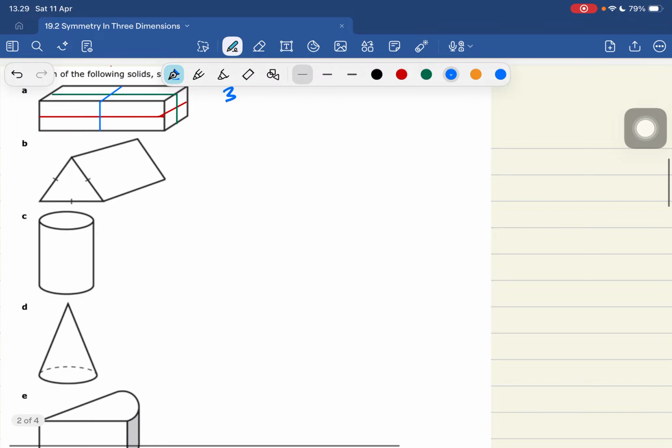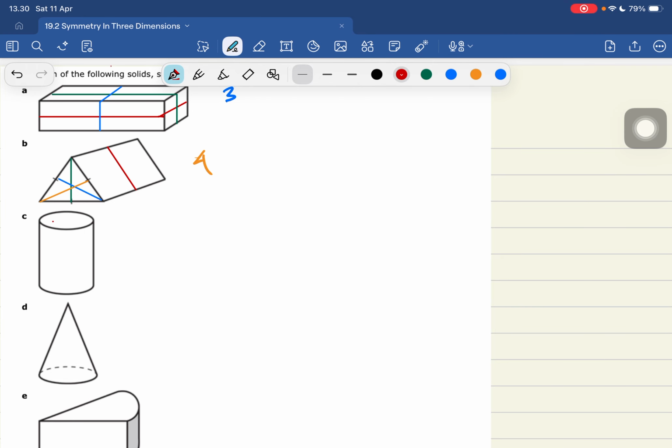Okay, next. We can cut it first from here. 1. So we get equal in front and behind. Next we can cut it like this. 2. Cut it again, and then 3. And the last we can cut, 4. Okay, here is 4.